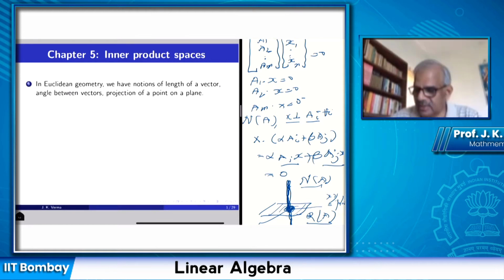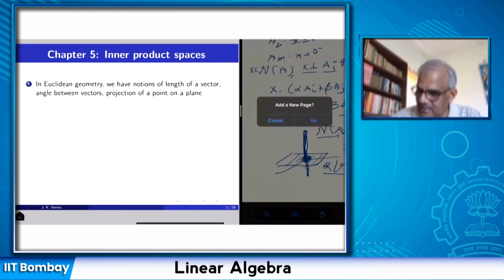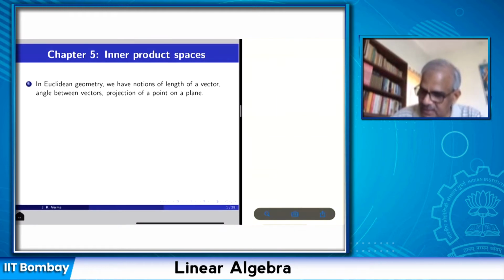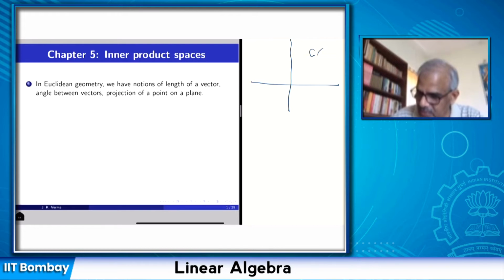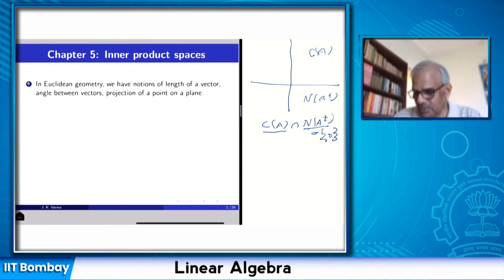So the same argument says that the other two subspaces, namely column space of A and the null space of A transpose, also intersect only in the zero vector, and every vector in the null space is perpendicular to every vector in the column space.